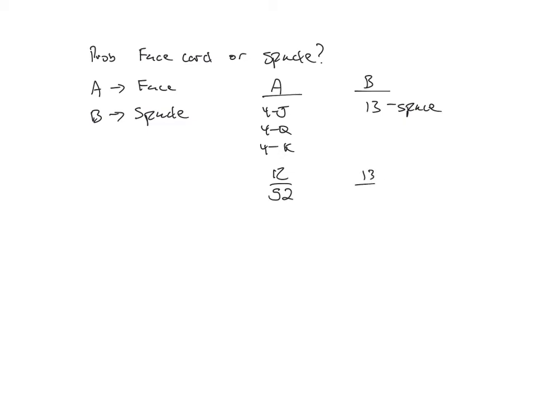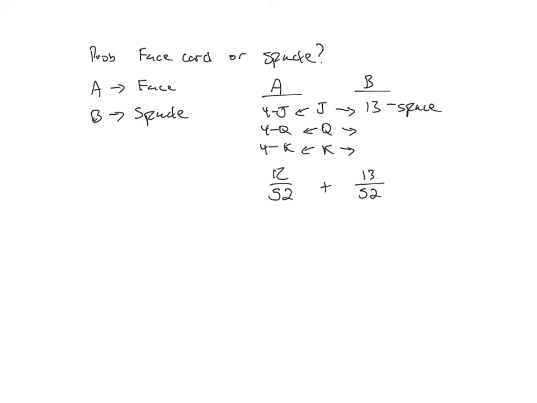Okay. So we're still going to add those together. However, there's an overlap in this one. So we have a jack that is both a face card and a spade. We have a queen that is both, and we have a king that is both.